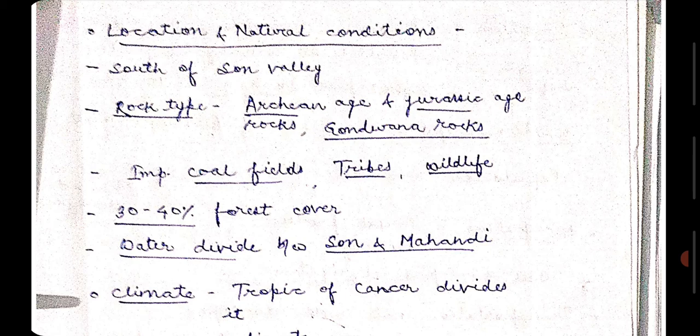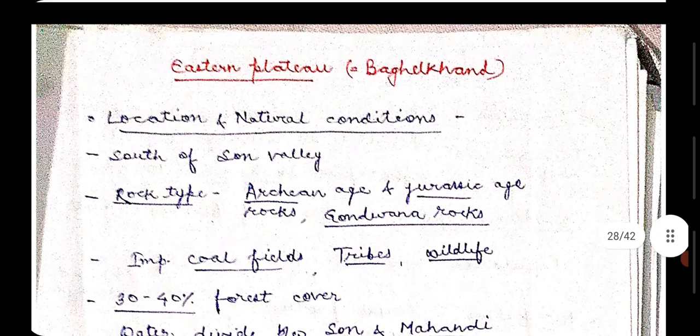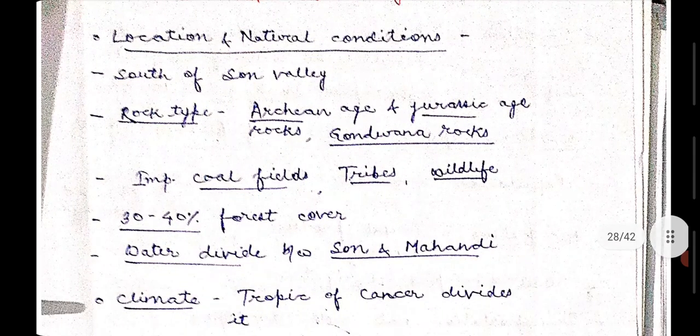Sorry, Adya Mahakalp means Archean rocks. Forest cover 30 to 40%. Very good. So Narmada Son Valley, Rivapanna Plateau, and Baghelkhand have good forest cover, 30 to 40%.